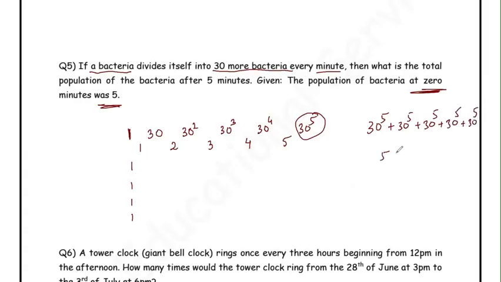Therefore, it is 5 times 30 to the power 5. So 5 times 3 into 10 to the power 5, that is 15 into 10 to the power 5.